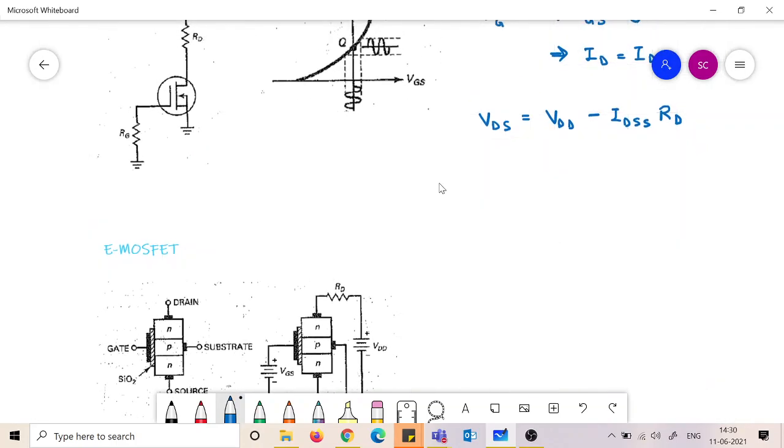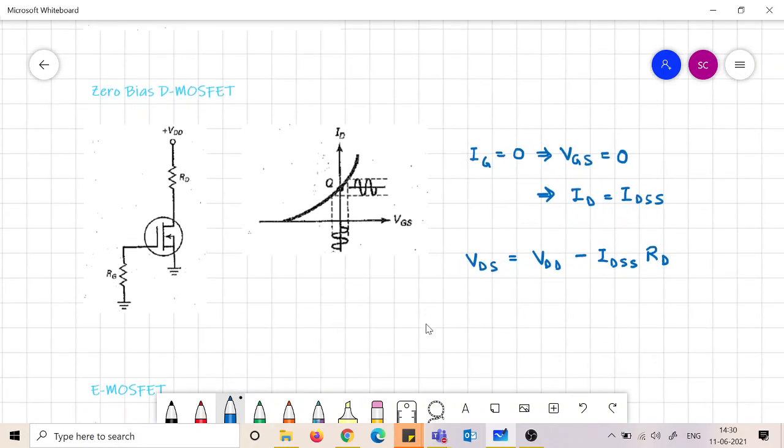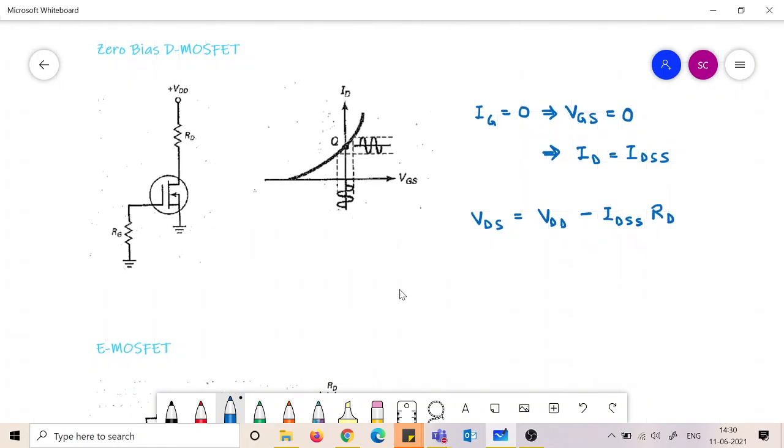So this is one biasing for the D-MOSFET. That is only one biasing we studied. If there is any other sort of biasing, like we have already covered in JFET, so if you have a resistance here after the source, then it becomes a self bias D-MOSFET.